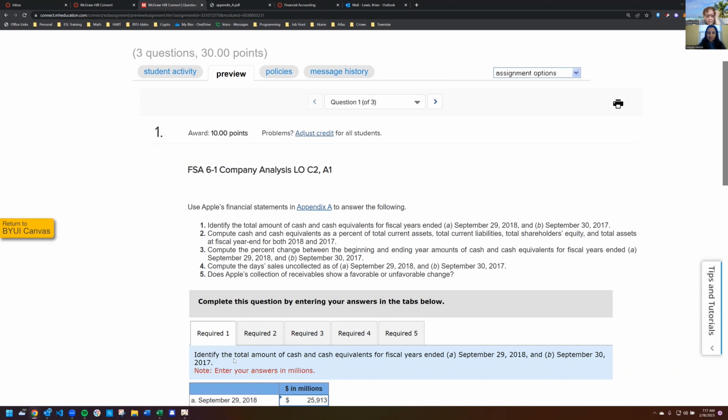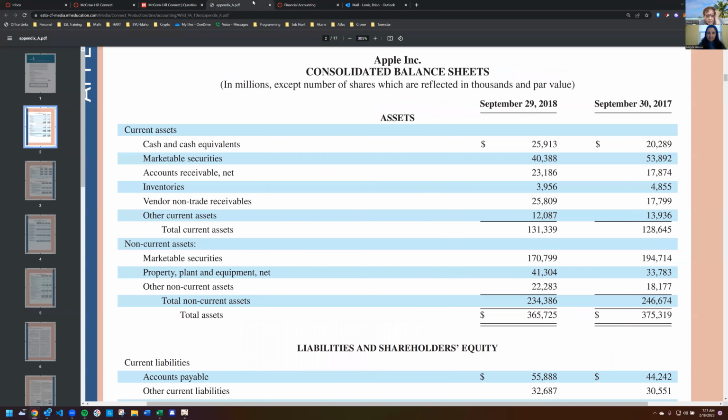So this first part is Apple's financial statements. You're going to look at the balance sheet, go to cash and cash equivalents, and pick off these two numbers, 2017 and 2018. That's on the very first page.